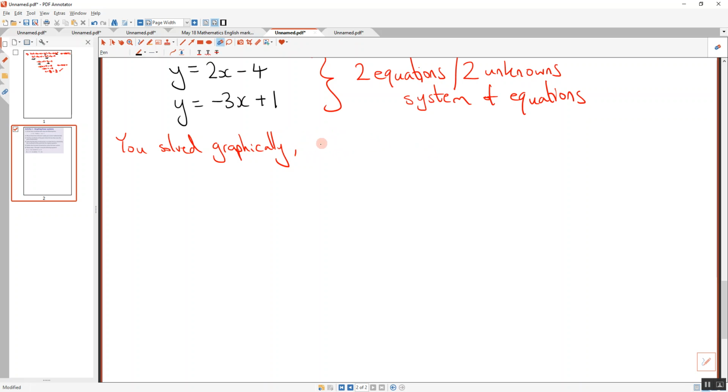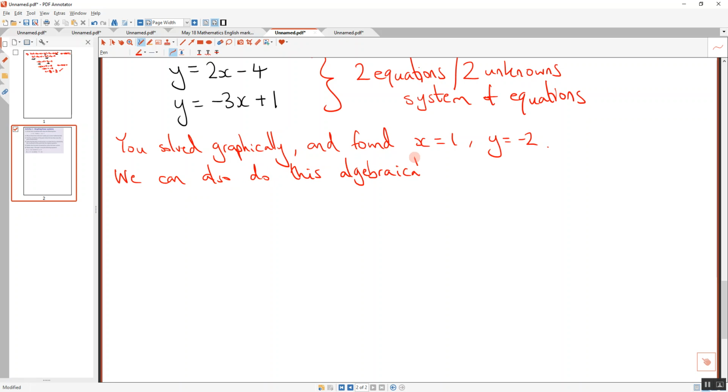You solved graphically and found that x is equal to 1 and y is equal to? We can also do this algebraically. Now there are 2 methods for this. And the first one is by substitution.